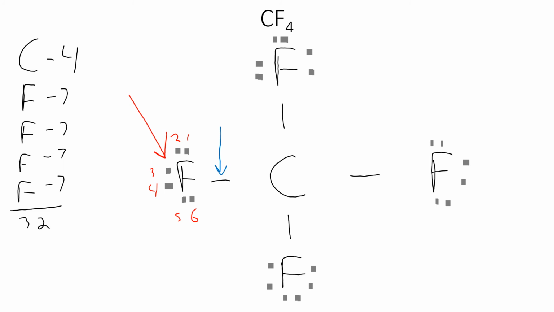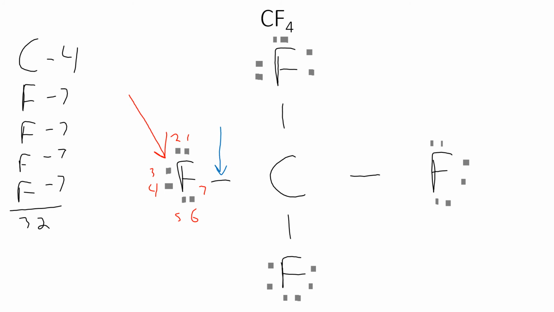One of those would get assigned to the carbon. We're basically splitting those 2 electrons and saying one belongs to each of the atoms they're being shared with.